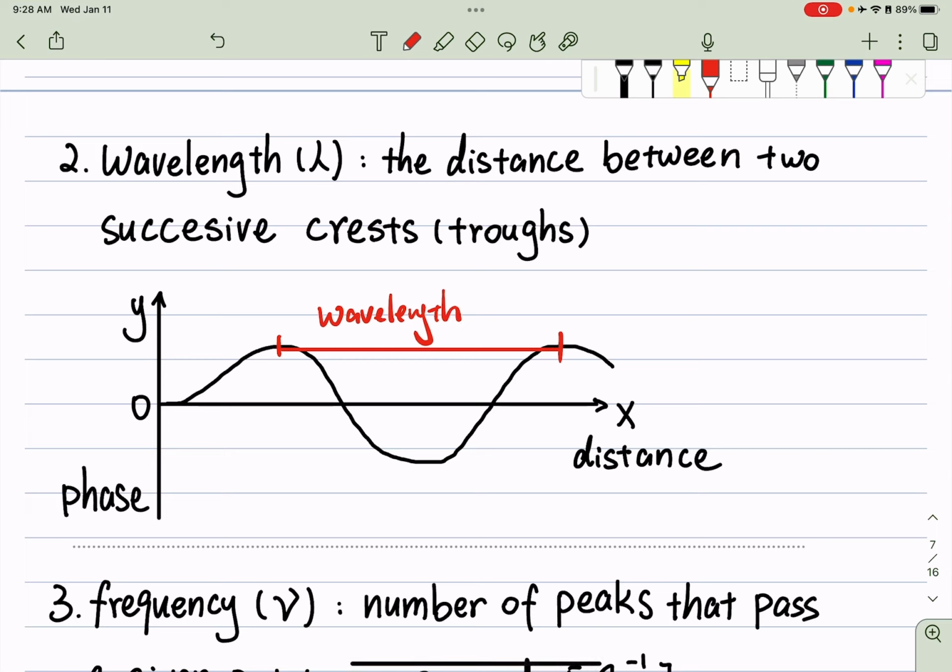The other way to think about wavelength, lambda, is distance per cycle. How much distance the wave travels in one cycle. This also has a unit of meter.